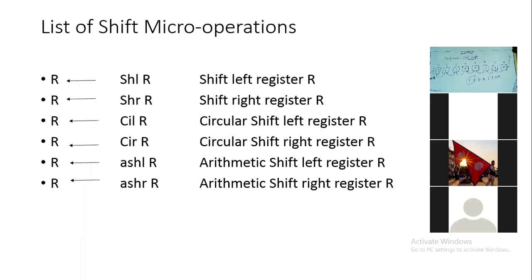For that purpose, we use a flip flop that is called V flip flop. If it is 0, then there is no overflow. If it is 1, then there is overflow.